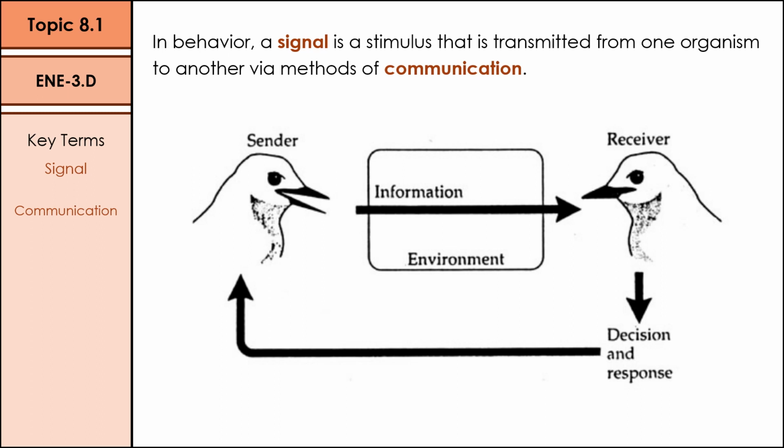Whatever we're dealing with in terms of this, though, the idea is the same: we have a signal that is a stimulus, and that elicits a response from the organism, and that response will in turn affect how we interact with our environment.